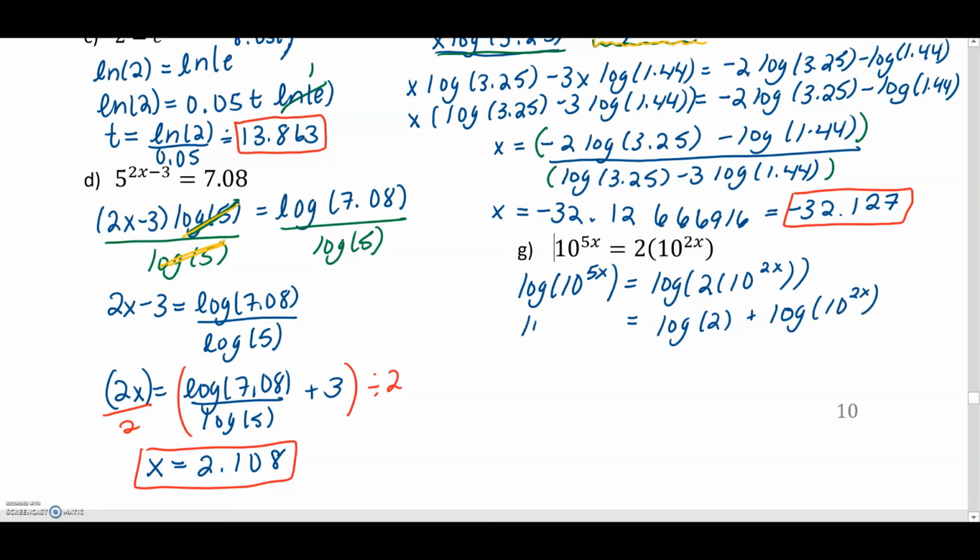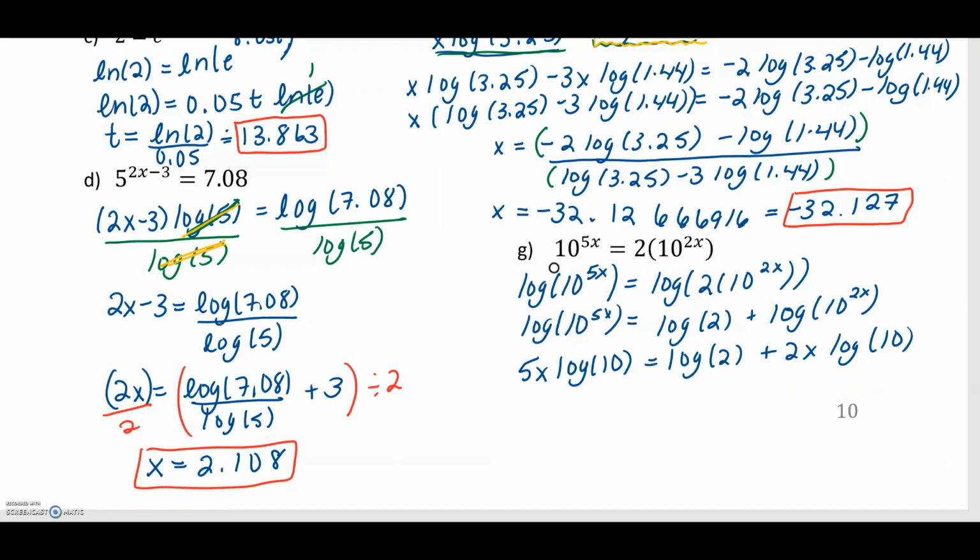And on the left-hand side, we still have the log of 10 to the power of 5x. If we simplify this, we get 5x times log 10 is equal to log 2 plus 2x times log of 10. Recall log of 10 is just equal to 1. Therefore, this simplifies to 1, and so does this.